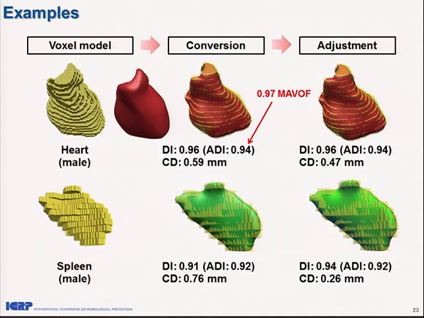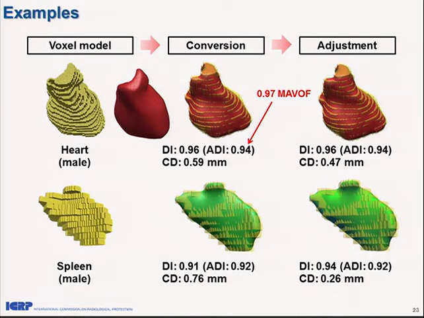In this particular case, the Dice index was okay, but the centroid distance was too large, 0.59 millimeters. So we adjusted this model to the voxel model, monitoring the Dice index and centroid distance, and then finally the model passed both of the acceptance criteria.